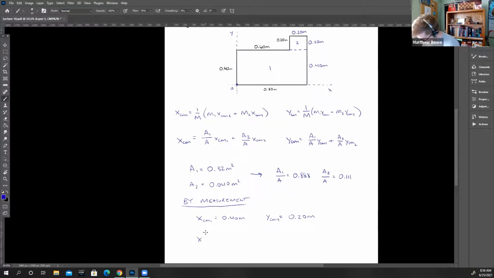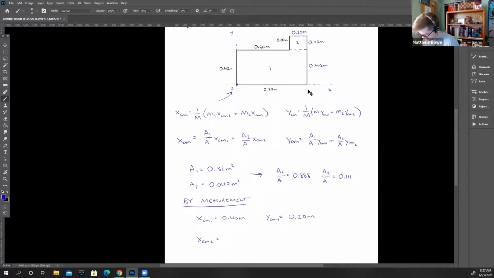Second shape, that is just a square up here at the top. The center of mass of this is going to be the exact center. But remember, I'm calling the origin right here. So what is this? It will be 0.7 from here to here.